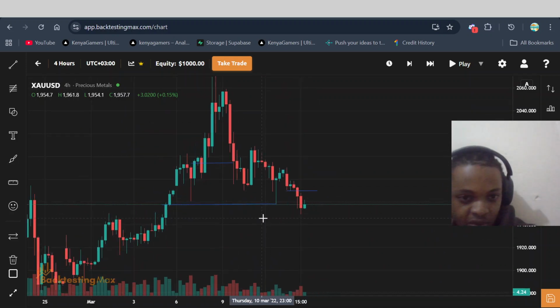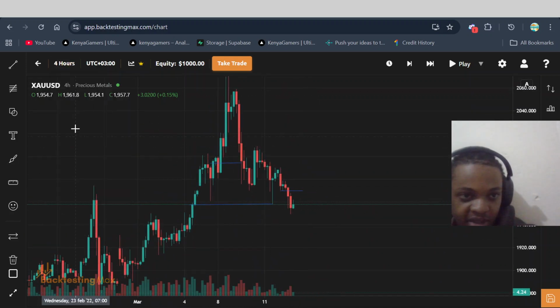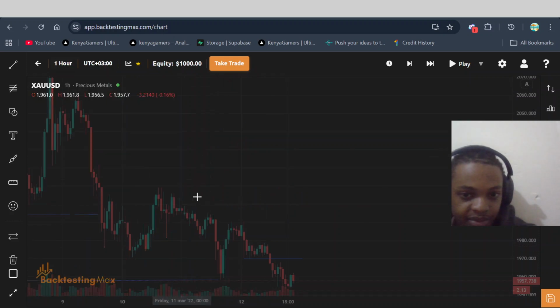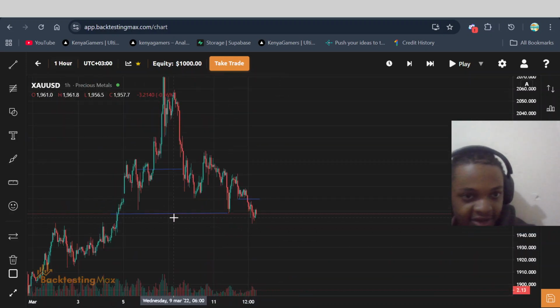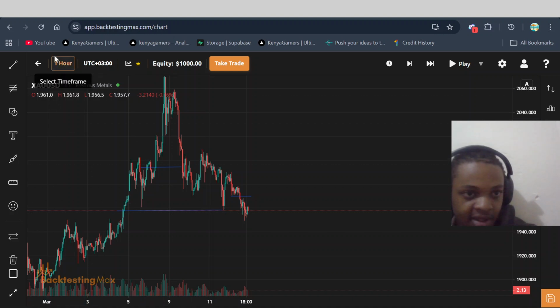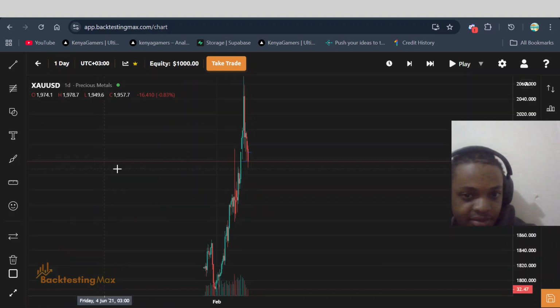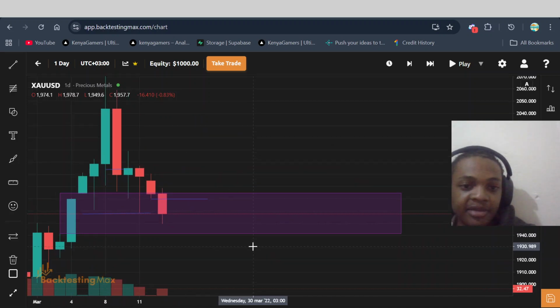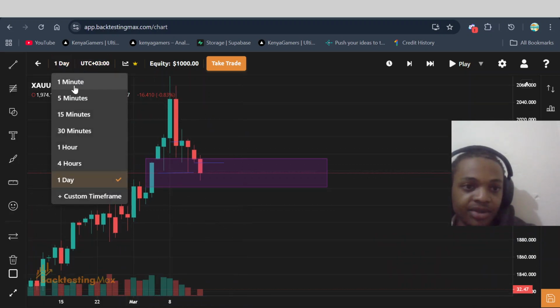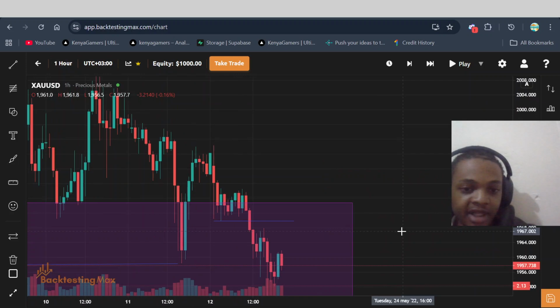Now we need to look for maybe a 1 day fair value gap somewhere here. If you can find a 1 day fair value gap, that would be amazing. And yes, we do. The 1 day fair value gap is currently being tested. So come to the 1 hour chart.